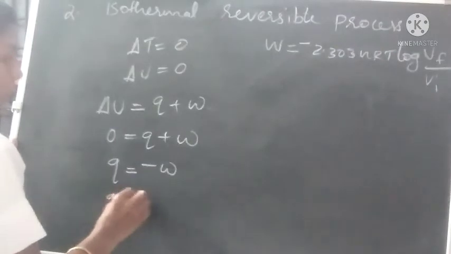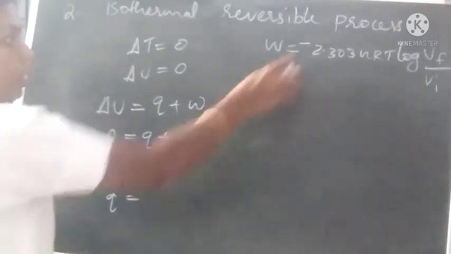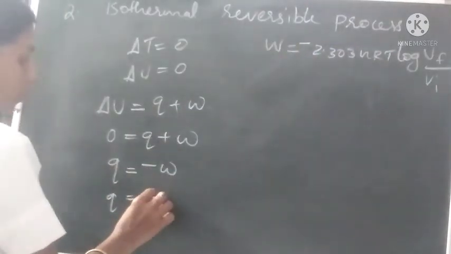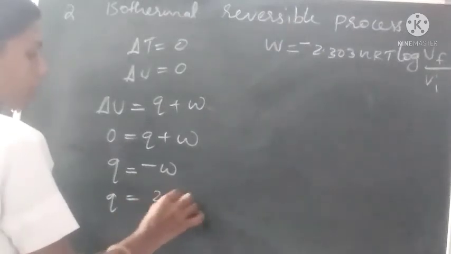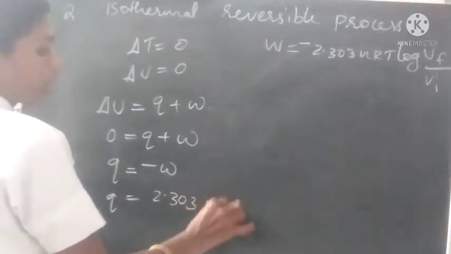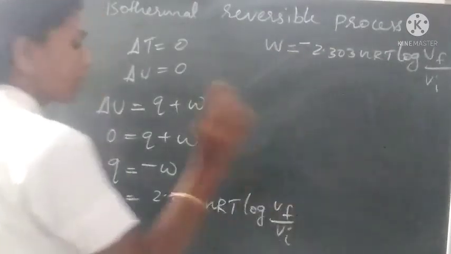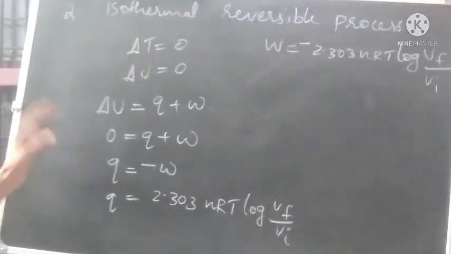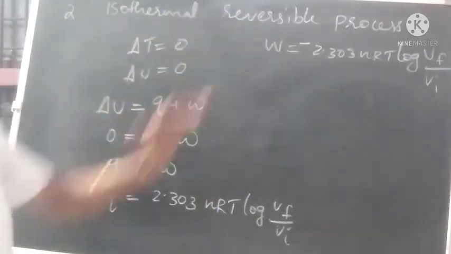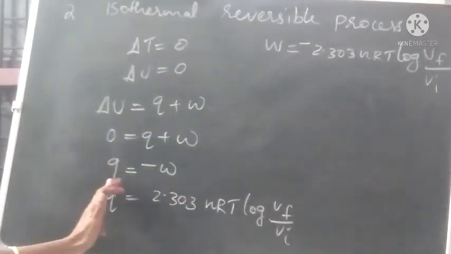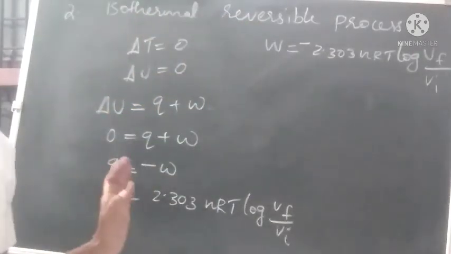So Q will be equal to minus into this minus, that will become positive, 2.303 nRT log Vf by Vi. Okay. For an isothermal reversible process, the heat transfer will be equal to minus the work done.